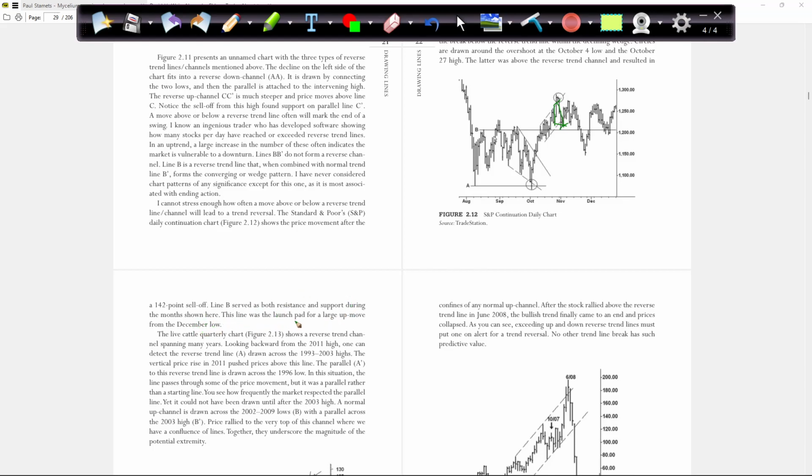This line was the launch pad for a large up move from the December low. Line B served as resistance here, and then acted as support here, here, and here. And we have this rally.